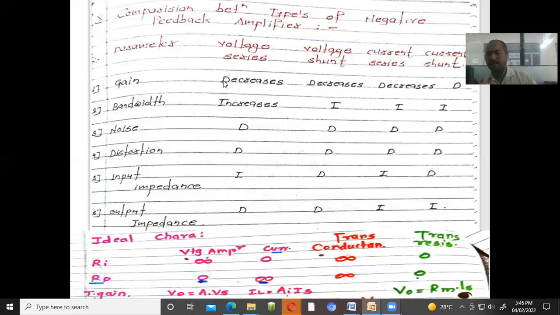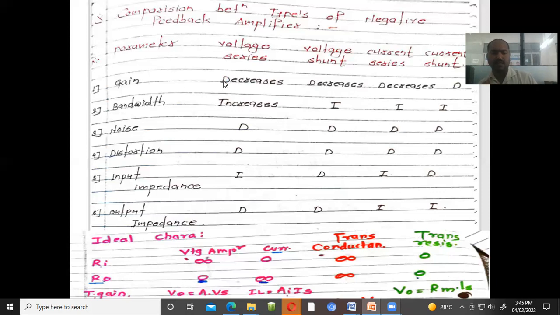If the value is more, it requires a large-value loudspeaker. When the output impedance is less, any device connected to it needs less resistance, right? This is the comparison of the different amplifiers.